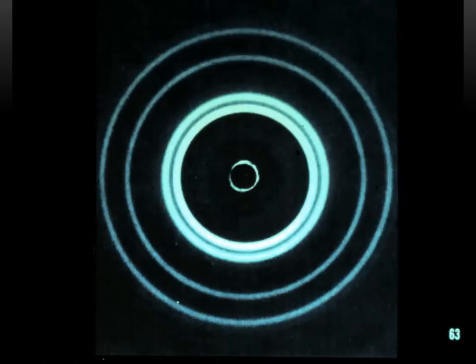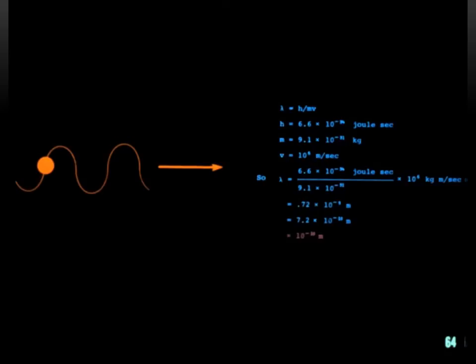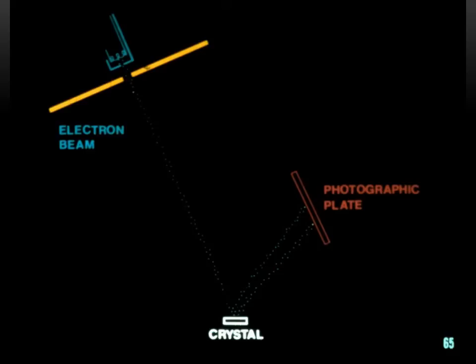The diffraction patterns of X-rays had first been demonstrated in 1912. About a dozen years later, de Broglie suggested that there was a mysterious matter wave associated with electrons. Now, if this matter wave actually existed, and if it really had about the same wavelength as X-rays, then a beam of electrons directed at a crystal target should also show a diffraction pattern.